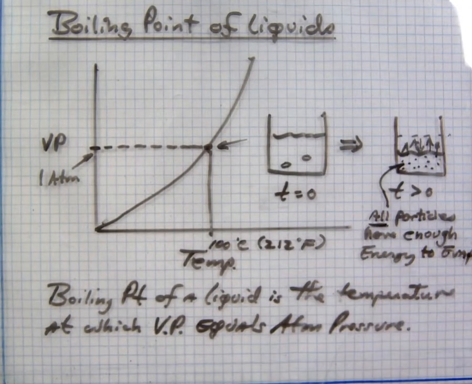So all the particles can evaporate at the boiling point. Only the surface particles below the boiling point have the ability to go into the vapor phase.